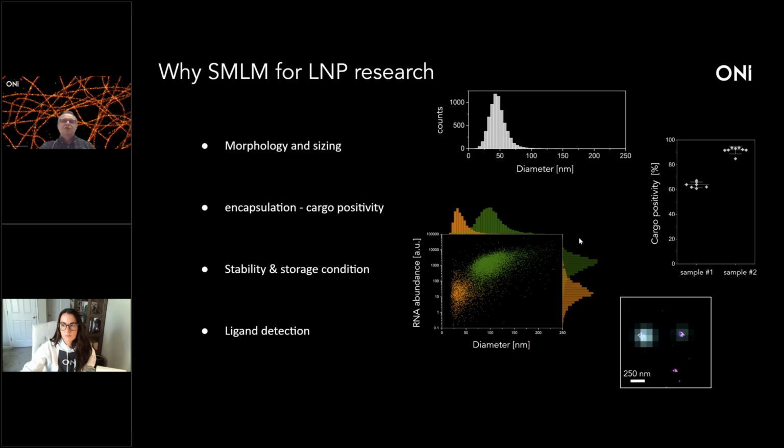And also the chamber can be heated up to 41 degrees, so you can create real physiological conditions by warming your chamber to 37.5 degrees. In this case, you can just place your cells on the microscope, find your focal plane, so find your cells, put in your LNPs, and gently image in a time-lapse. You can also do different fields of view and look for uptake of LNPs by cells. Yeah, it's possible.